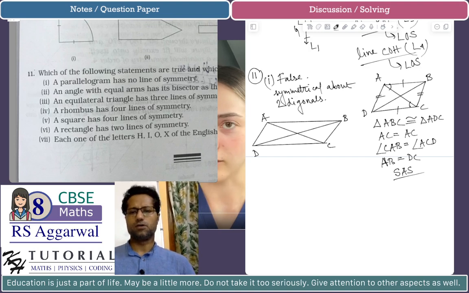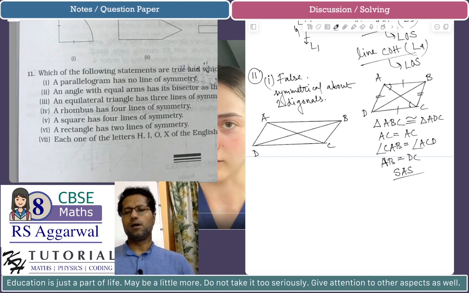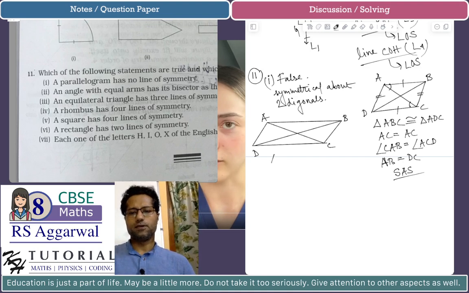I think so, because if we consider AC as the line of symmetry, then one half of the parallelogram will be triangle ABC and the other half will be triangle ADC. What I'm trying to say is that we can show that triangle ADC is congruent to triangle ABC.